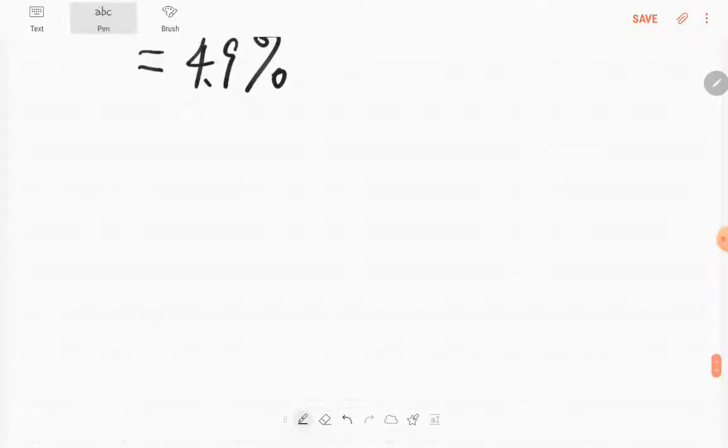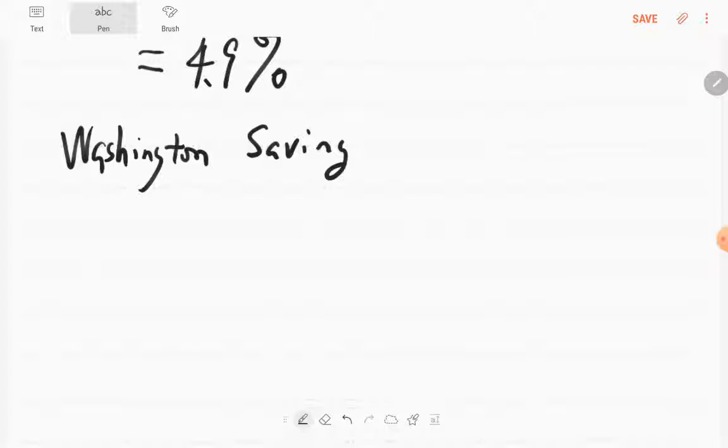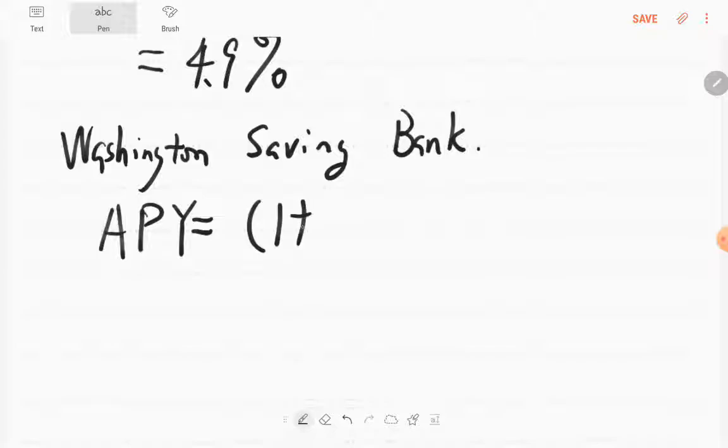What about Washington Savings Bank? The APY for Washington Savings Bank is equal to (1 plus r over m) to the m power, then minus 1 at last.